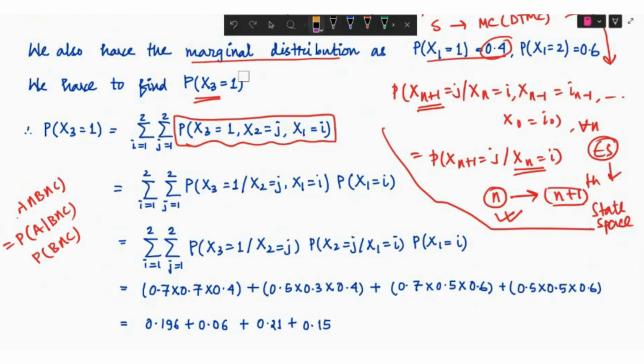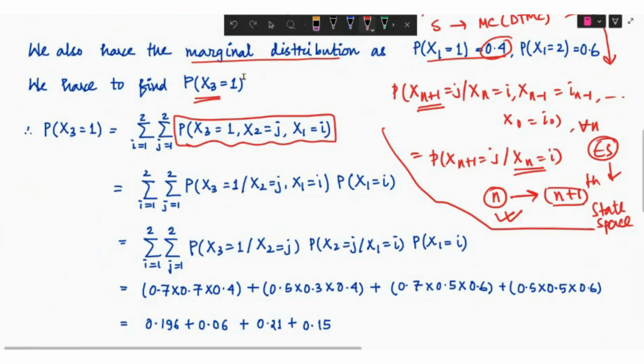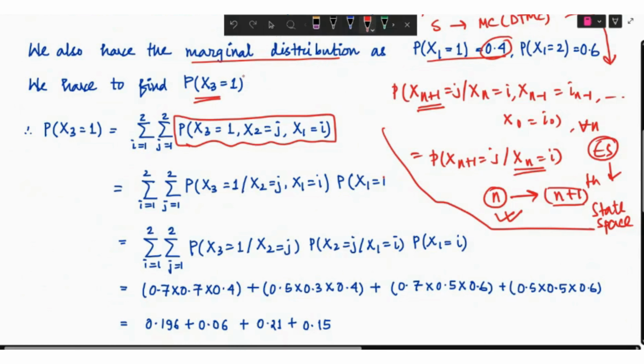So we apply it here. That is, sum over probability of X3 equal to 1 given X2 equal to j, X1 equal to i, times probability of X1 equal to i, times probability of X2 equal to j, in intersection.